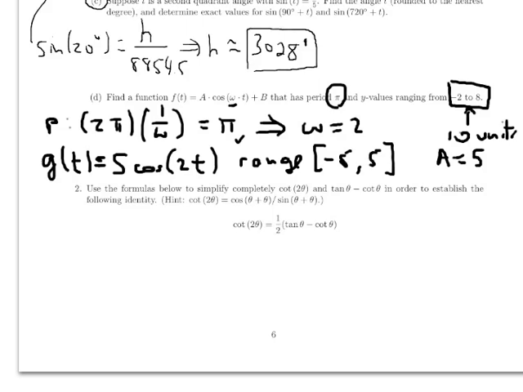I want my function to be at its lowest -2 and at its highest 8. This function has at its lowest -5 and at its highest 5. So I can make my g of t function have the right range by simply adding 3 to the entire thing. So if the number a is 5 and the number omega is 2 and the number b is 3, then I'll have all 3 things.